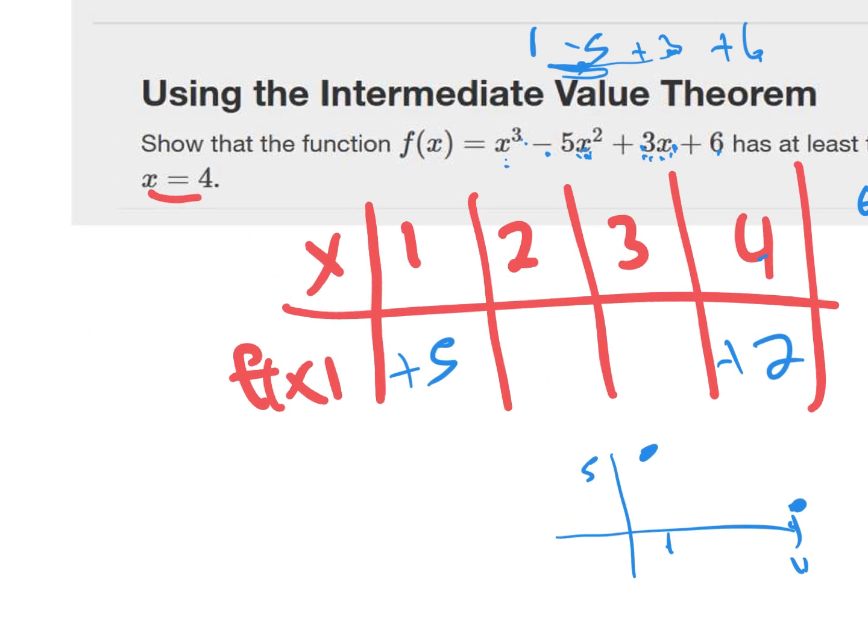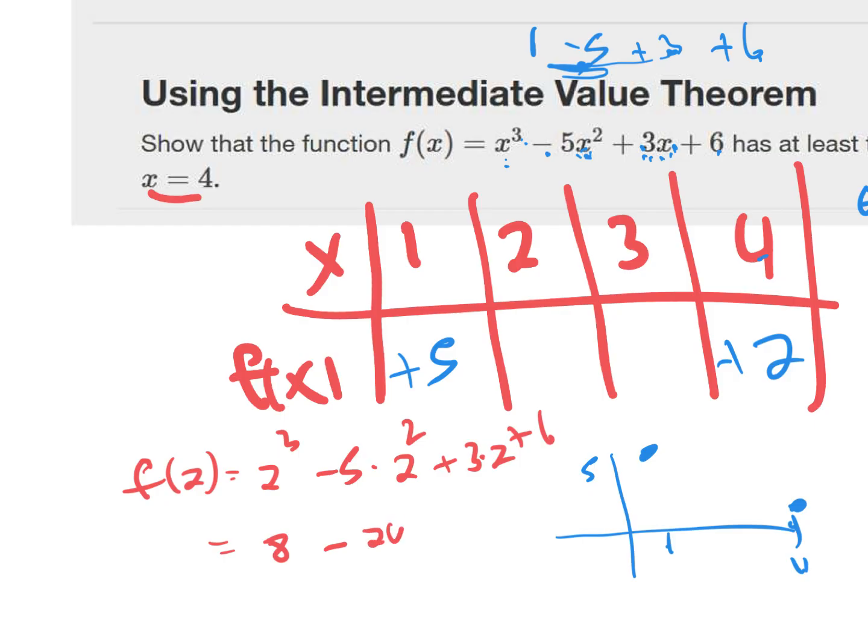So f of 2. I'm going to do f of 2. 2 cubed minus 5 times 2 squared plus 3 times 2 plus 6. That's 8 minus, that's 5 times 4, it's minus 20, plus 3 times 2, that's plus 6, plus 6.